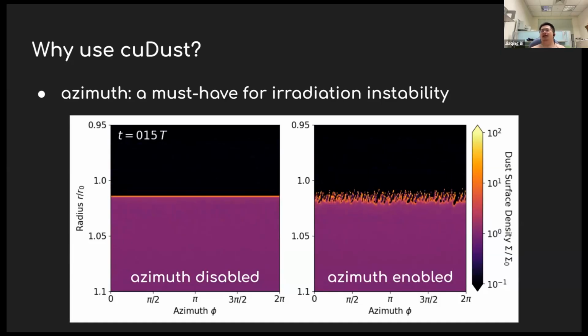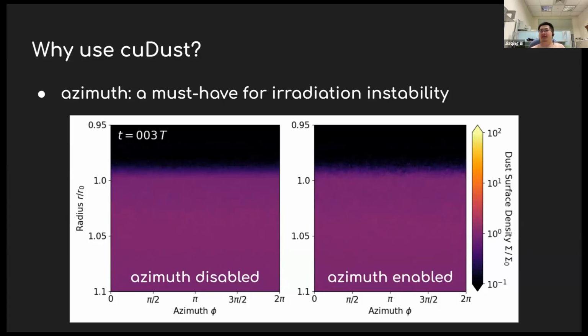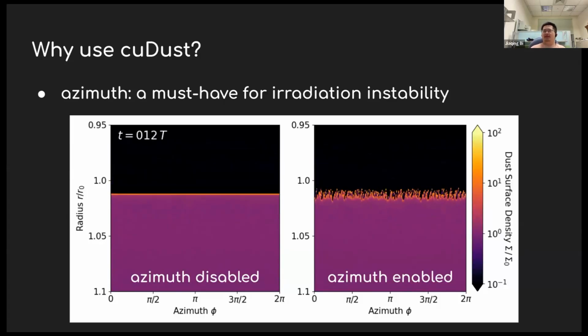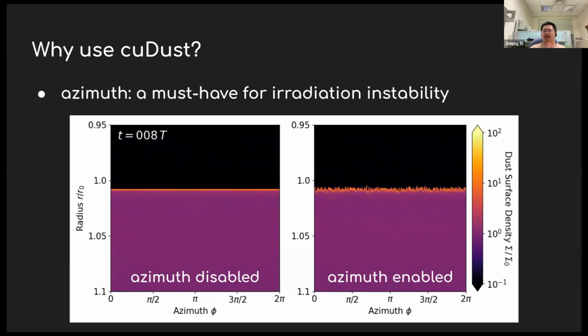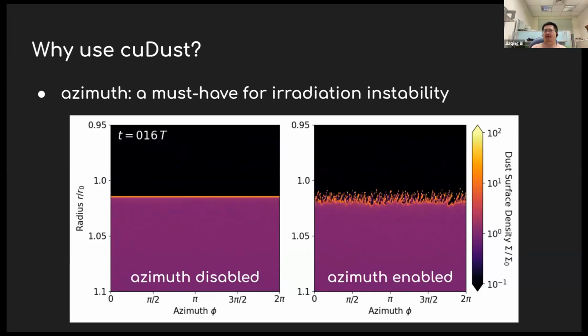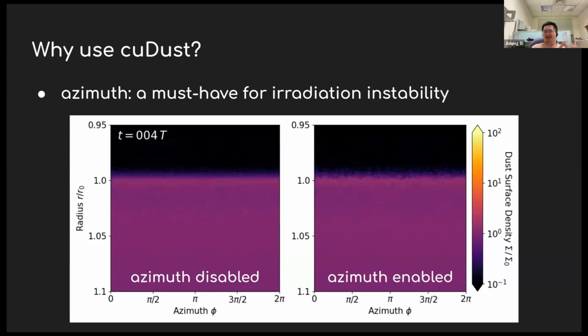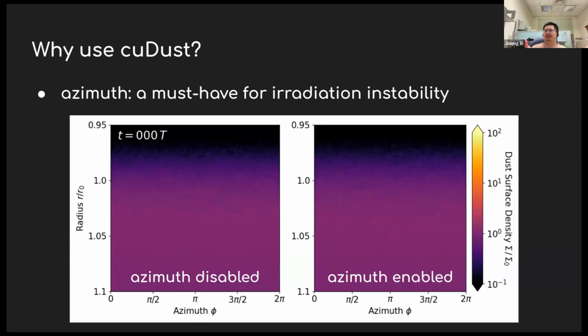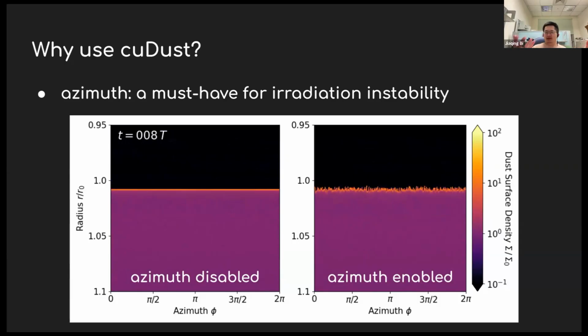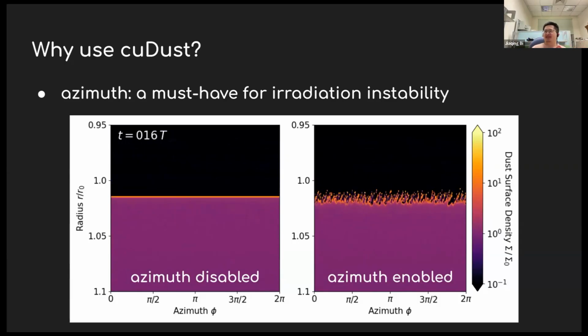So that's why the cuDust code stands out. But at the current stage, you can imagine that Phantom, which is also an SPH code, has three-dimensional geometry, and it also has radiation pressure.